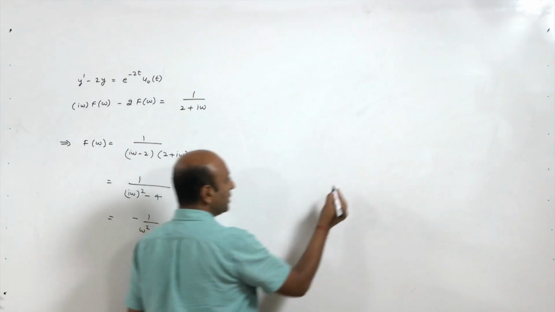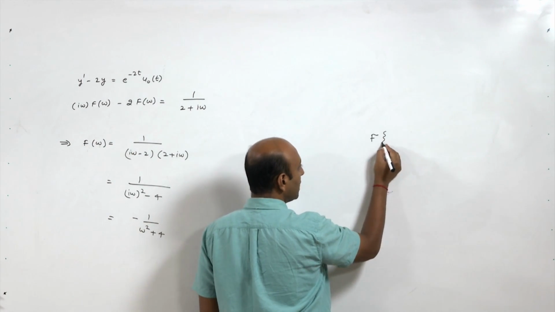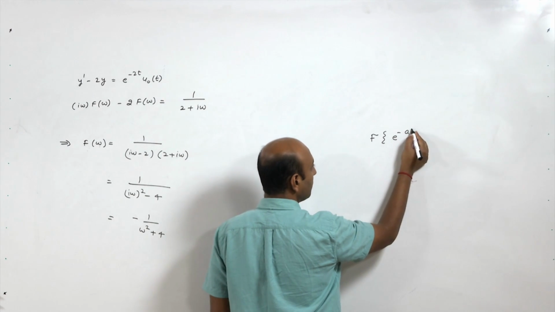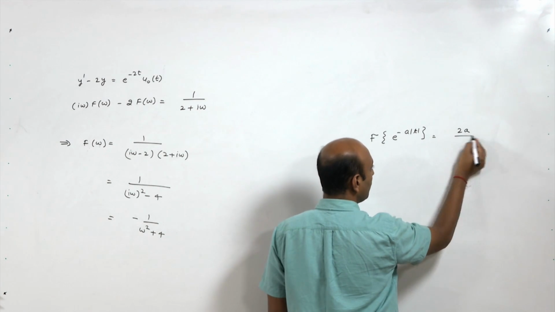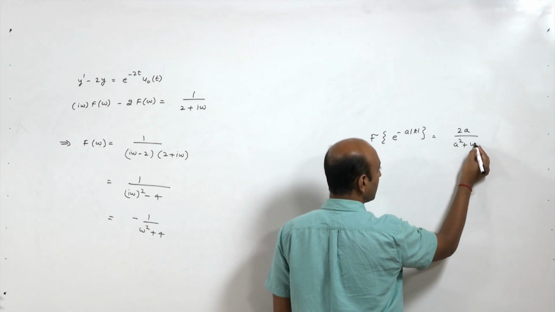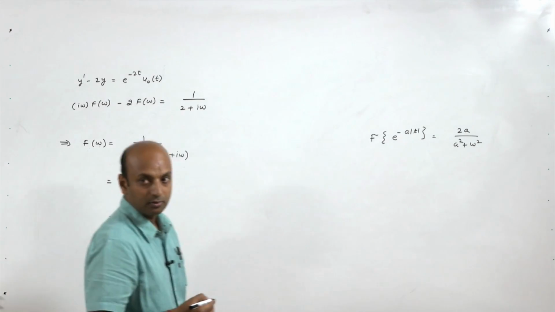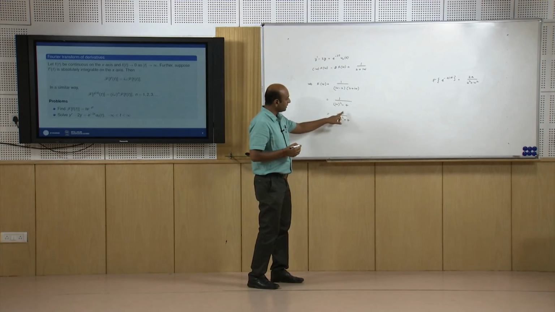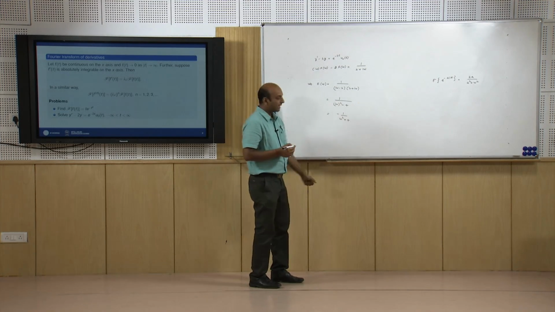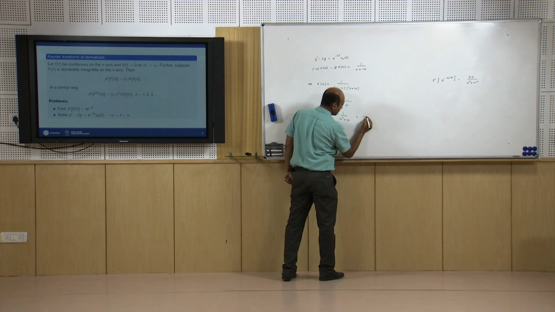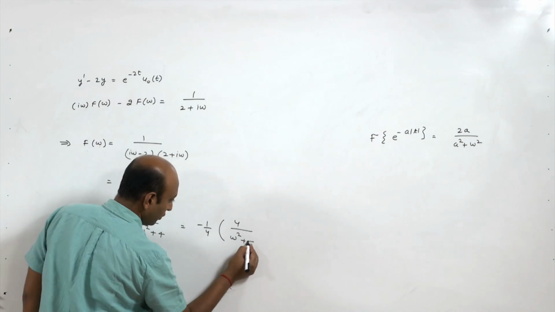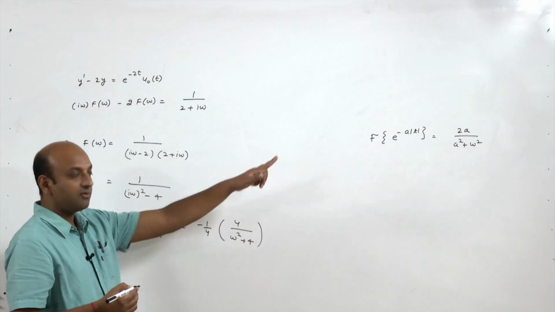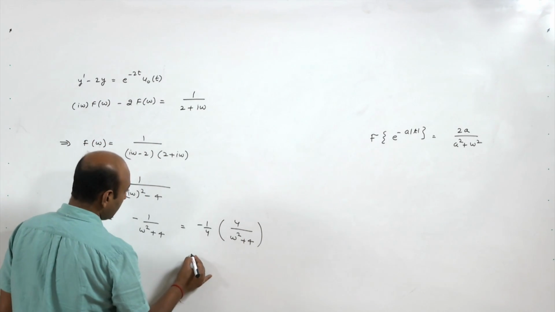Now, we have also seen that the Fourier transform of e^(-a|t|) is 2a/(a^2 + ω^2), that we have already derived. So, it is something like 1/(ω^2 + 2^2). So, you can multiply and divide by 4: minus 1/4 into 4/(ω^2 + 4). So, instead of a we have 2.